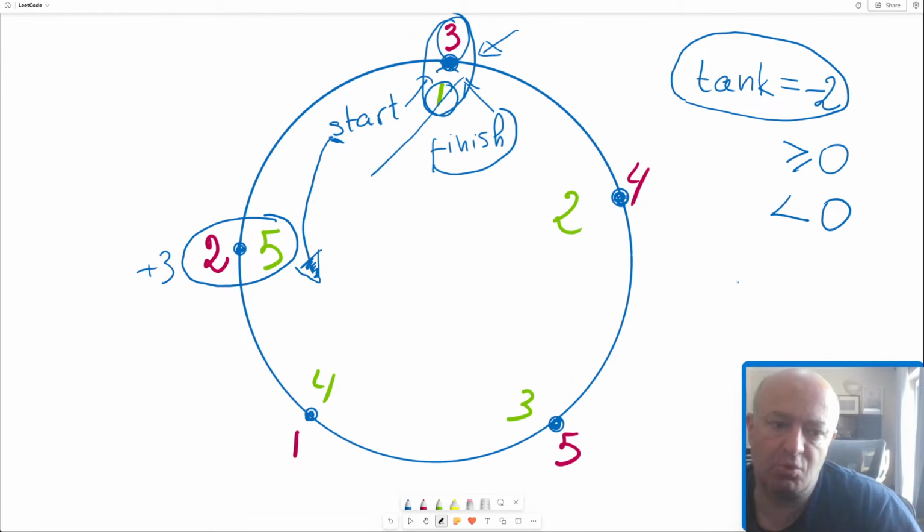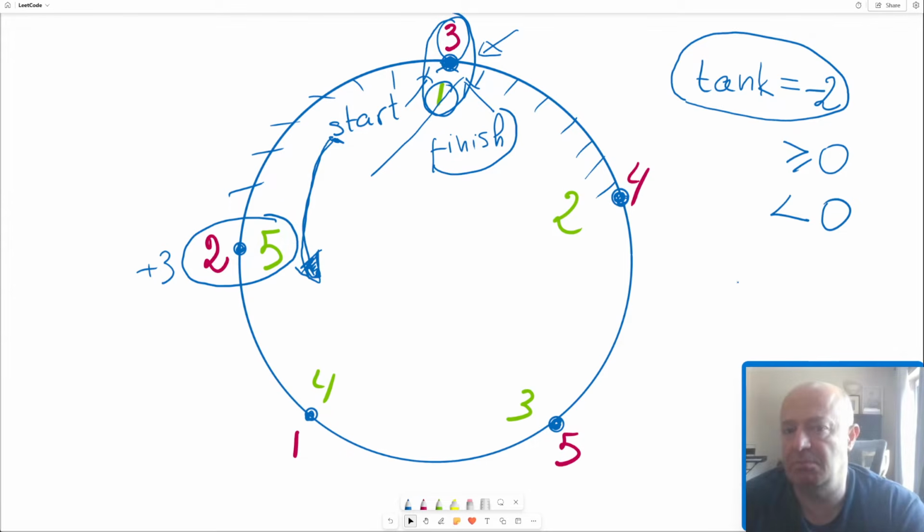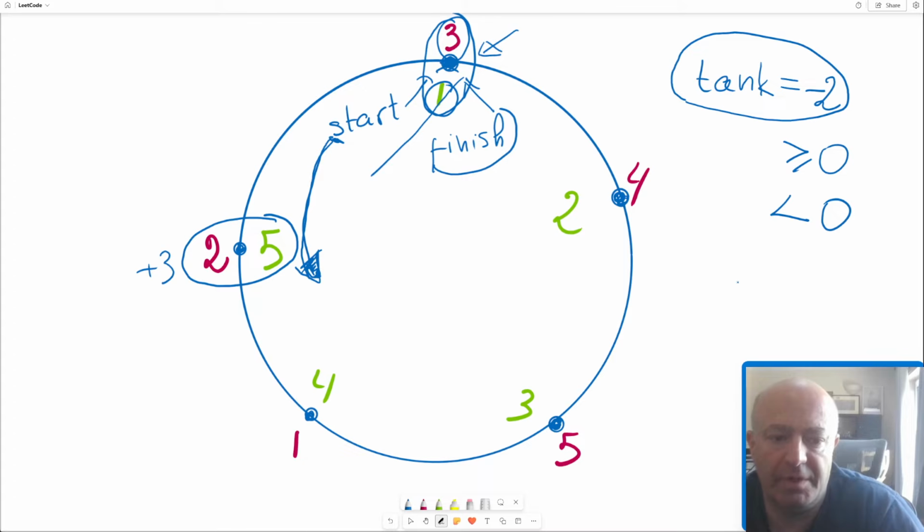But what happens when we move start to an earlier position? I mean, that kind of changes everything, right? That means potentially somewhere along the way, we should recalculate at every gas station: did we ever run out of gas somewhere? Now, my argument is that we actually do not have to do that. And here is why.